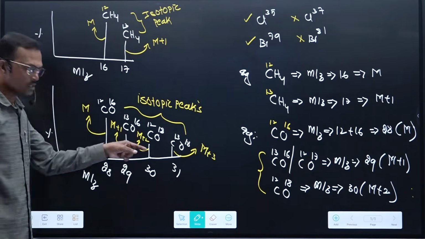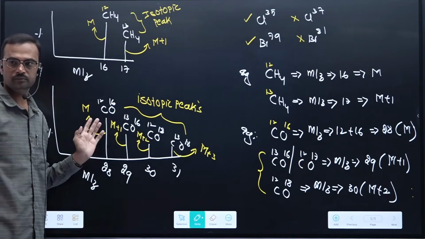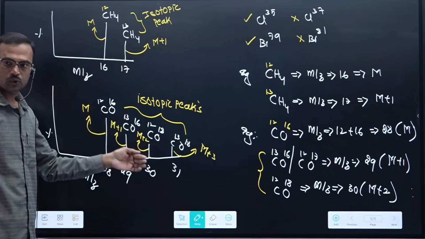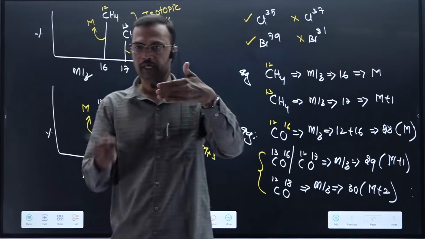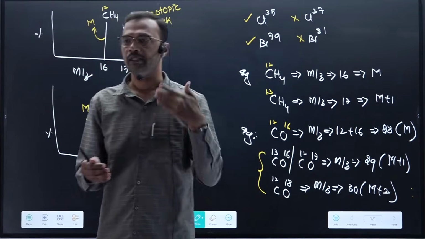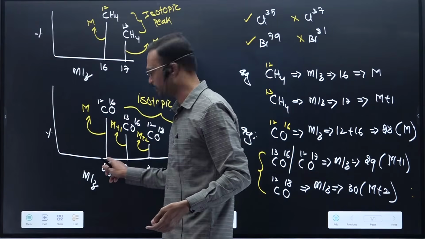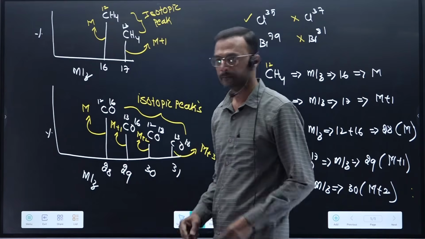Always, isotopic peaks are represented by M plus 1, M plus 2, M plus 3, etc. Clear? So if you take any sample without any isotopes, then the last peak is the molecular ion peak. But all these belong to isotopic peaks. Clear? Right.